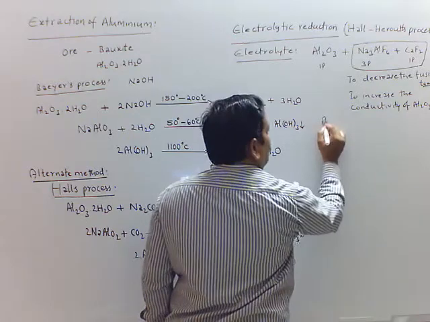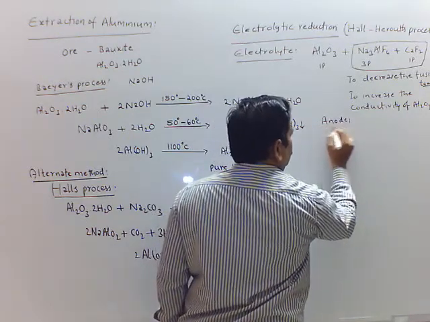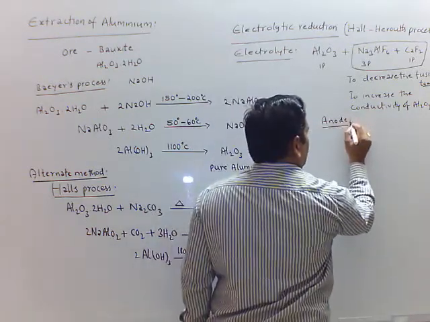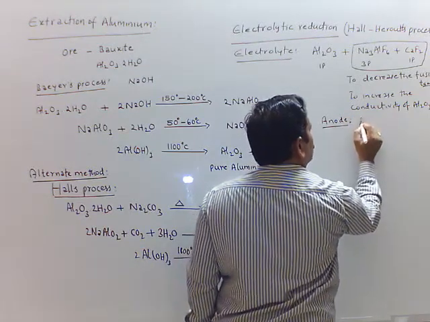Here, for the anode we are taking a series of graphite rods.